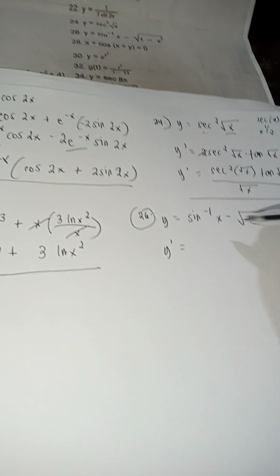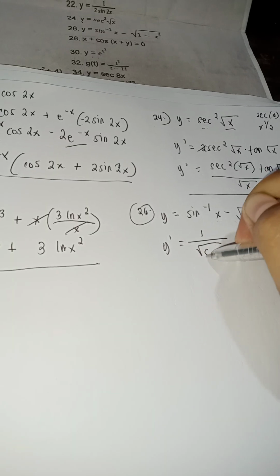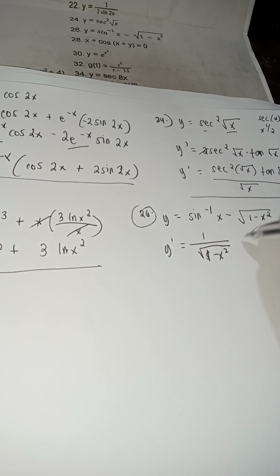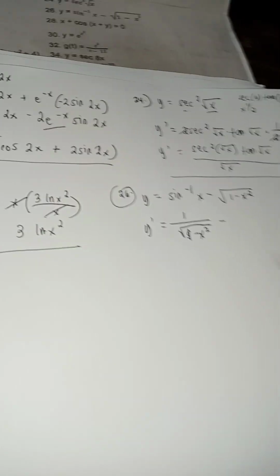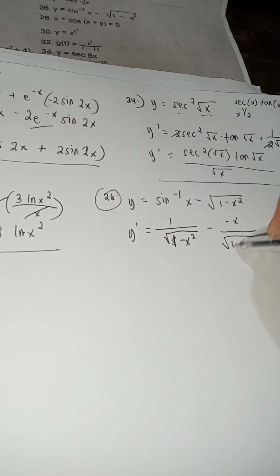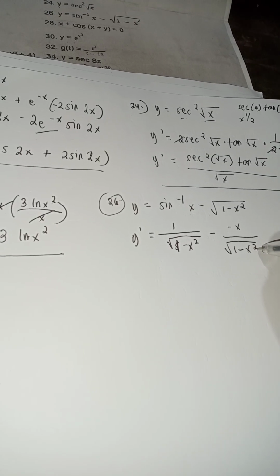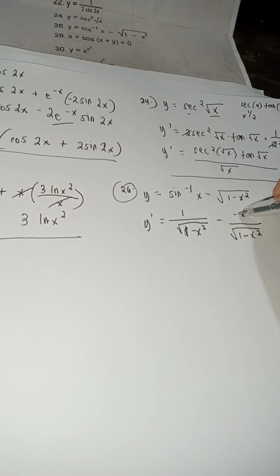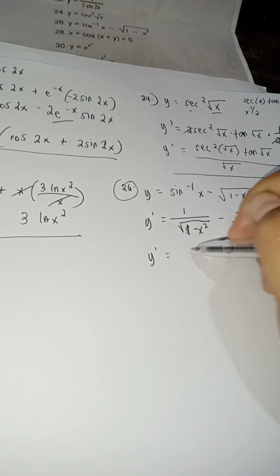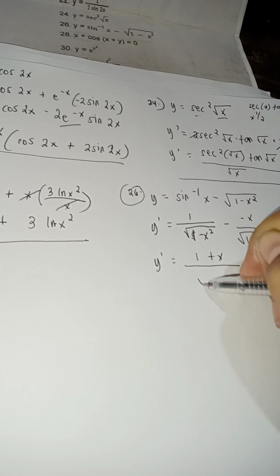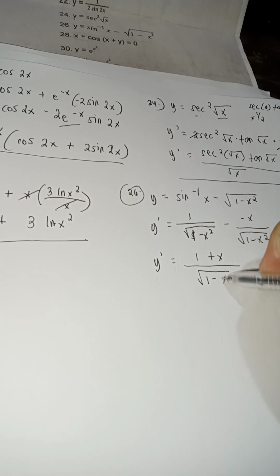So y prime is equal to 1 over the square root of 1 minus x squared, and the derivative of the square root of 1 minus x squared is negative x over the square root of 1 minus x squared. By combining this, negative times negative is already positive. So 1 plus x over, copy this one, the square root of 1 minus x squared. So this is our final answer.